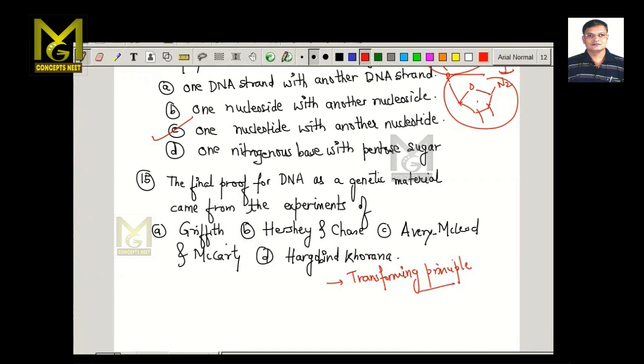But the actual proof, by using radioactive isotopes in the phages, was given by Hershey and Chase, who gave the final proof that DNA is a genetic material. So therefore, the correct answer in this case is B.